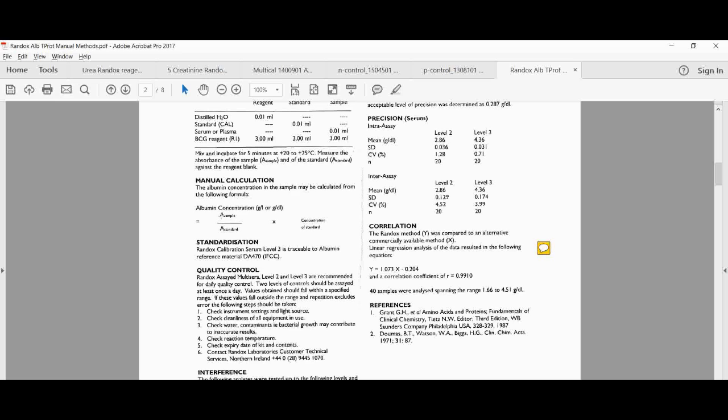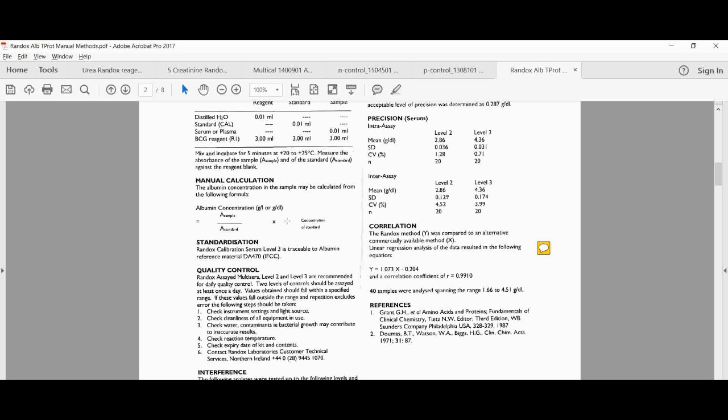So if you want the concentration of your N control, the absorbance of your control goes in here, divided by that times that, gives you the concentration of your N control. P control absorbance goes in here, divided by standard absorbance times concentration of standard, and same with the sample, absorbance of sample divided by absorbance of standard times concentration of standard.